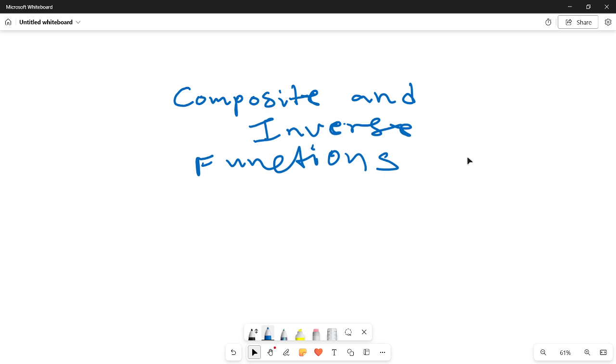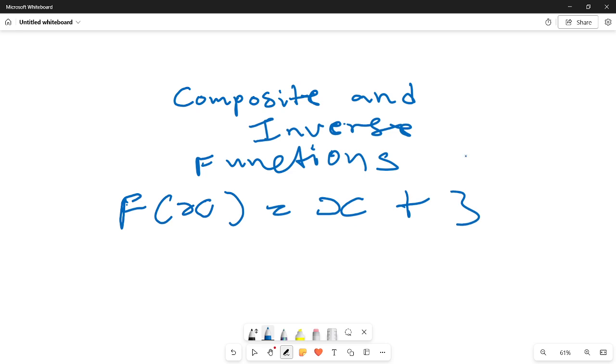So let's say we have a function f of x equal to x plus 3.